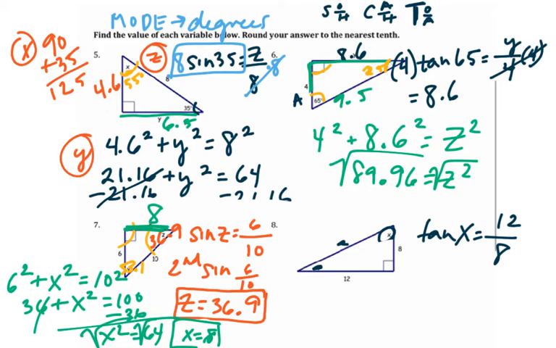That gives you the number 56.3. Now that you know that, you can solve for y because they make 180. And then you can solve for z by using the Pythagorean theorem.